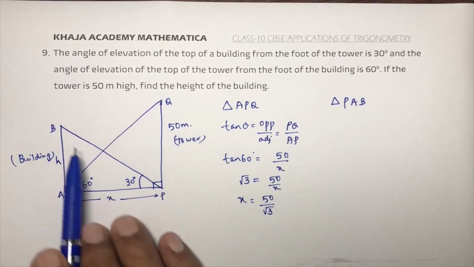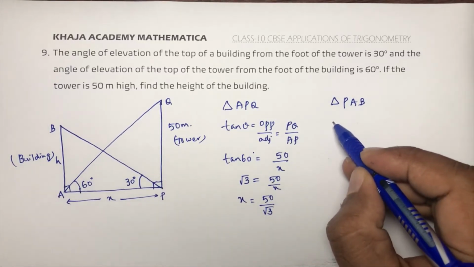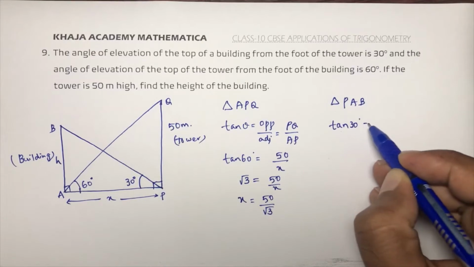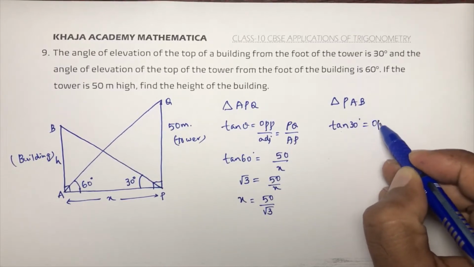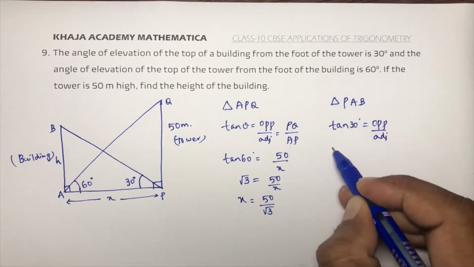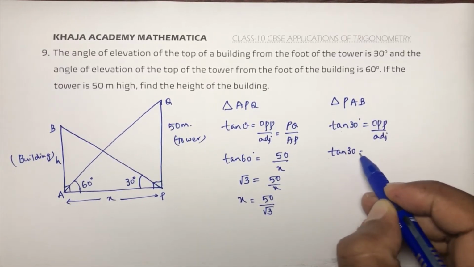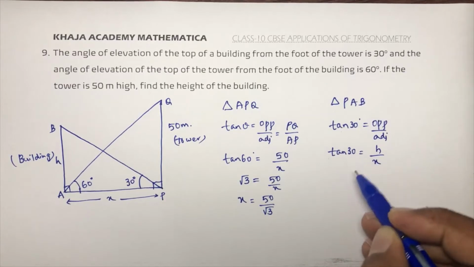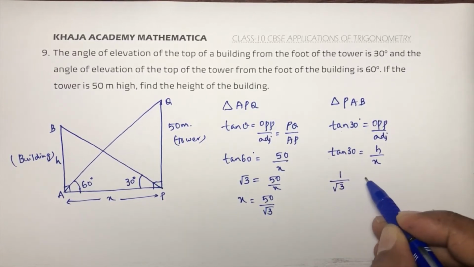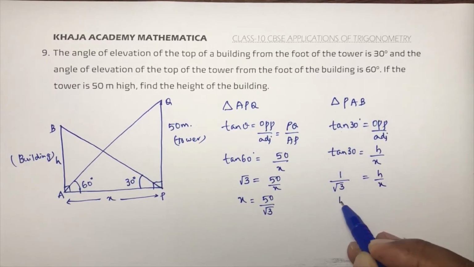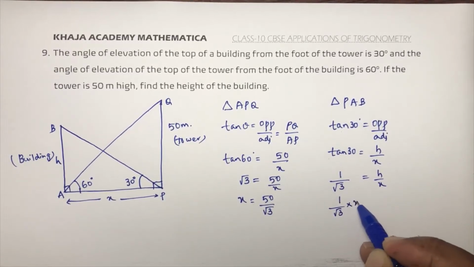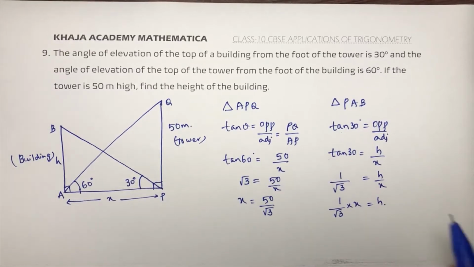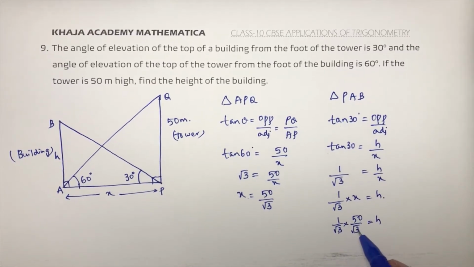In PAB, tan 30 is opposite by adjacent. So tan 30, opposite is H by X. Tan 30 is 1 by root 3 equals H by X. So 1 by root 3 into X equals H. As we need to find the height of the building, 1 by root 3 into X, where X is 50 by root 3, I am substituting this value in place of X. Root 3 into root 3 is 3.